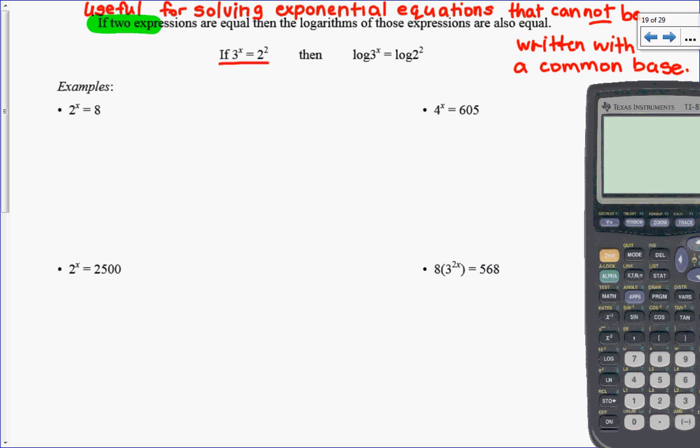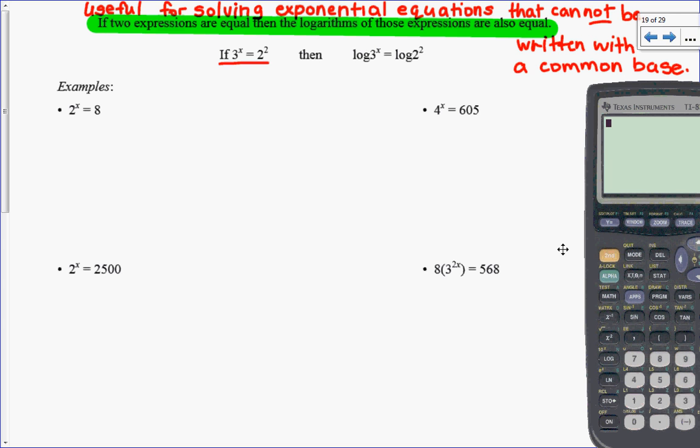If two expressions are equal, then the logarithms of those expressions are also equal. So what that means is, if 3 raised to the power of x is equal to 2 raised to the power 2, then the log of 3 raised to the power x is also equal to the log of 2 squared. So you just take the log of both sides.